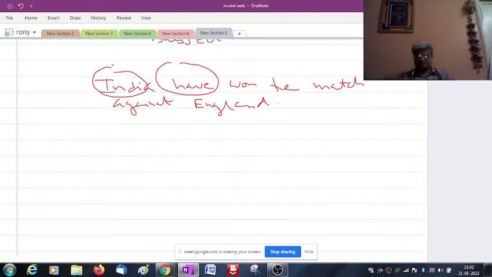Right, sir. Why is it right? If it is so, explain. Because India have won the match against England. But India is singular. Then why will we use have?